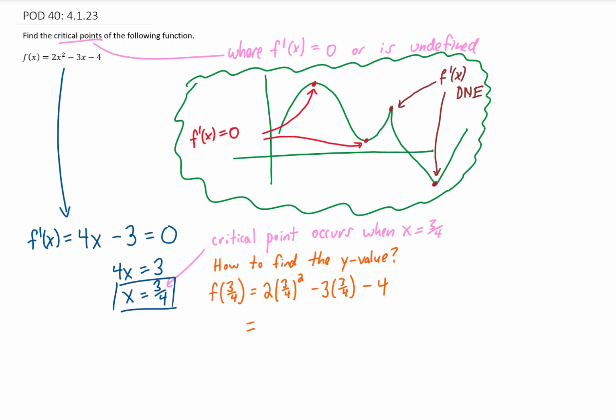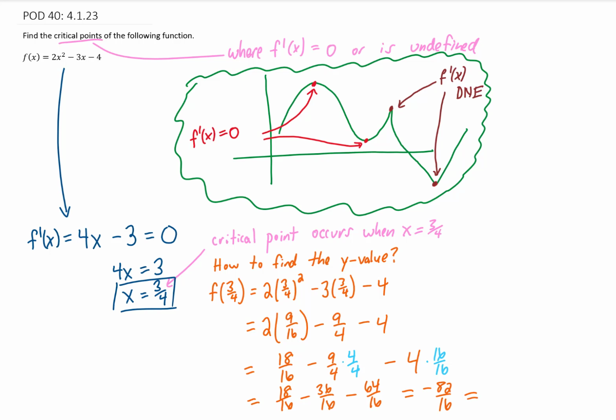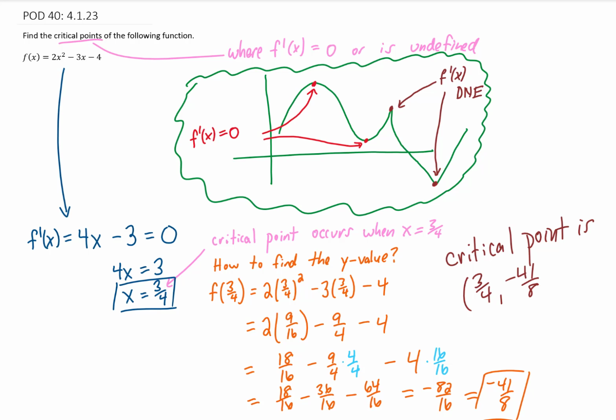You can hit pause on your video whenever you want to if you want to take a closer look at this work. So I found that the y value of this critical point is negative 41/8. So our critical point with both its x and its y value would look just like this right here.